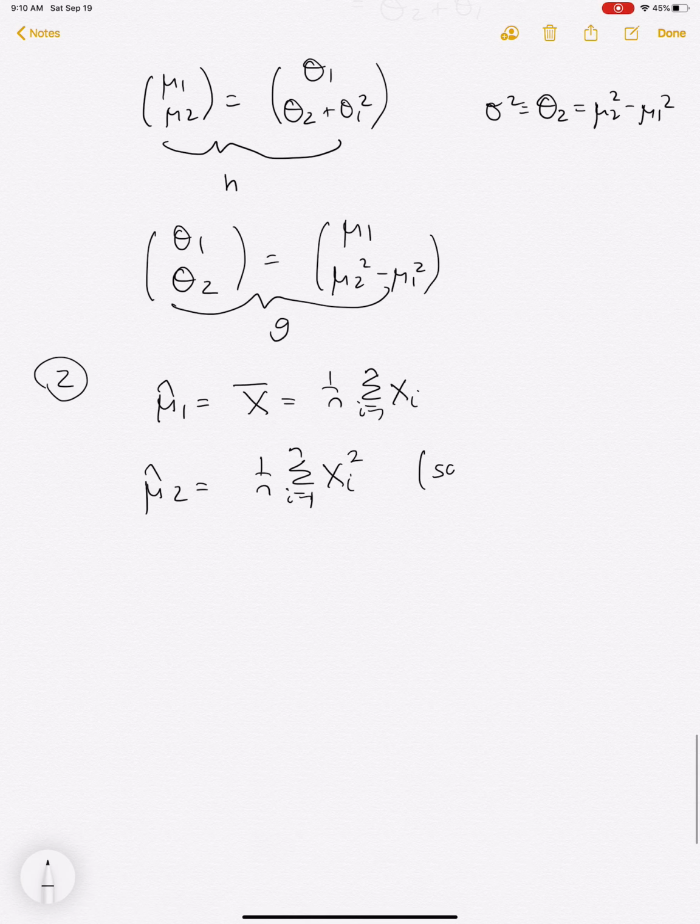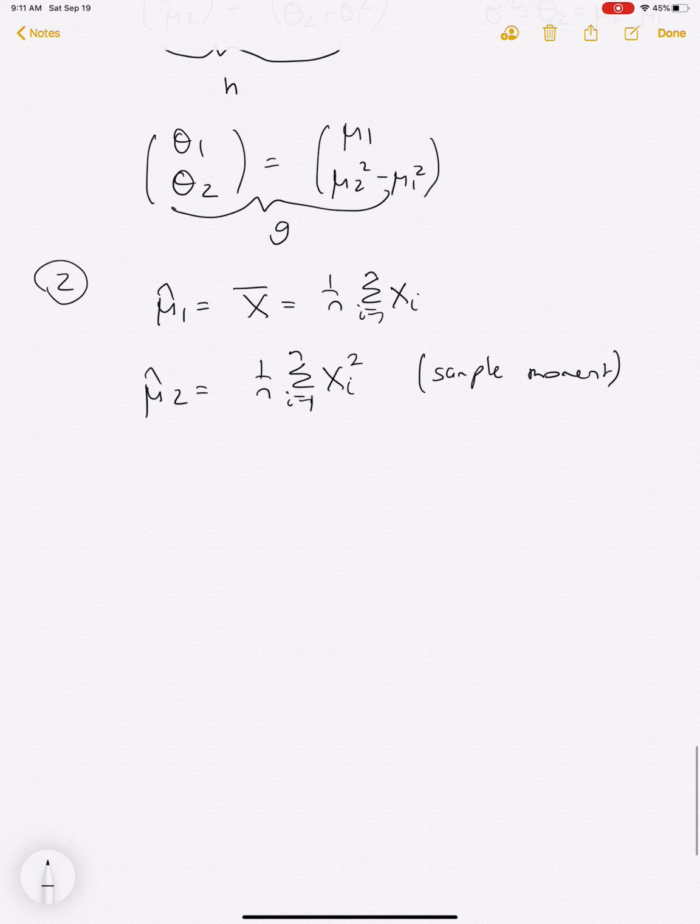This again uses the plug-in principle: rather than looking at E of x_i squared, we just take a sample average of that, and that gives us an estimate or a statistic for it.